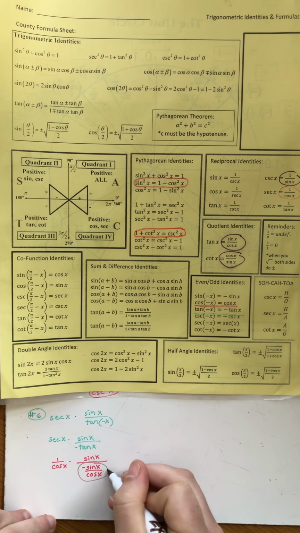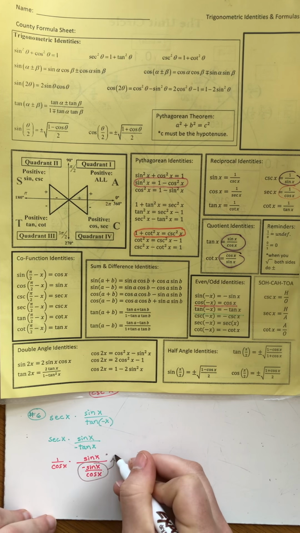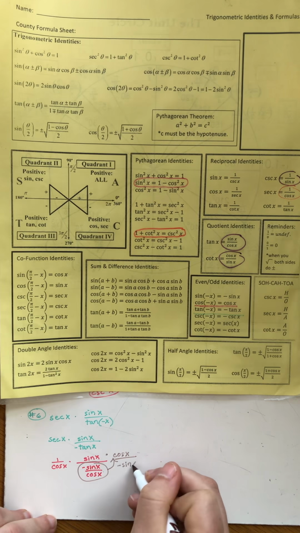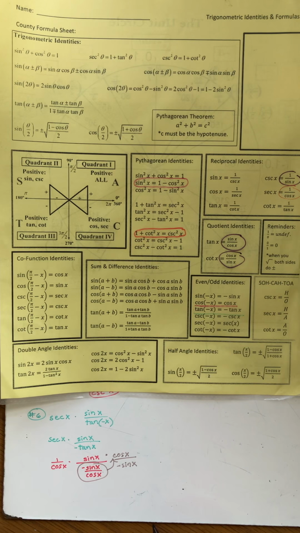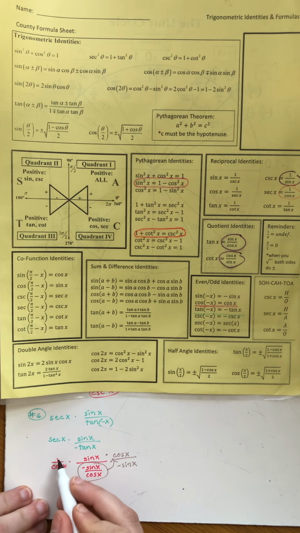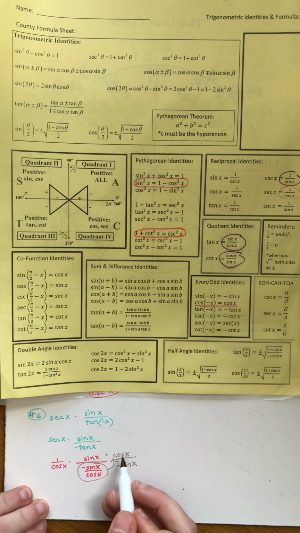Now we do want to take our denominator and multiply by the reciprocal. So I have 1 times sine x times cosine x.